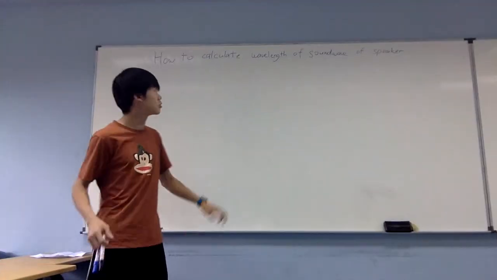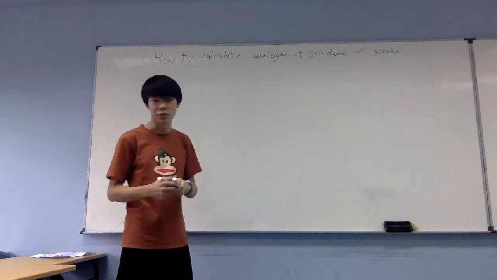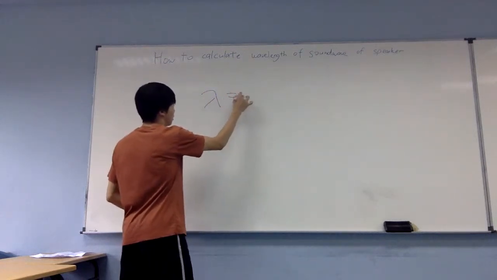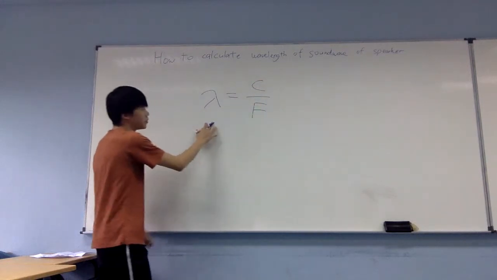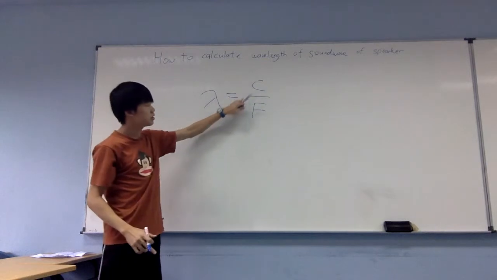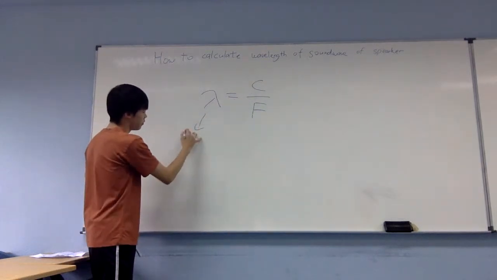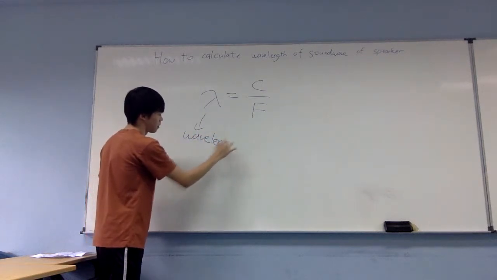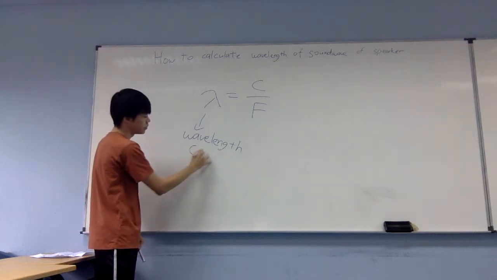In order to calculate the wavelength of the sound wave of the speaker, we need to use this formula: lambda equals C over F. Lambda represents the wavelength, with the unit of meter.